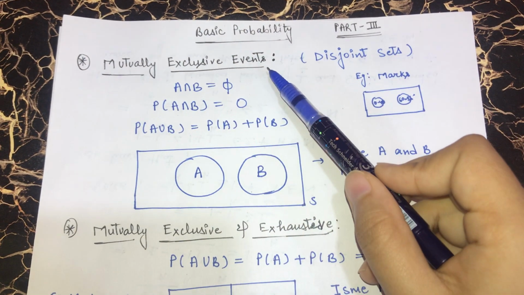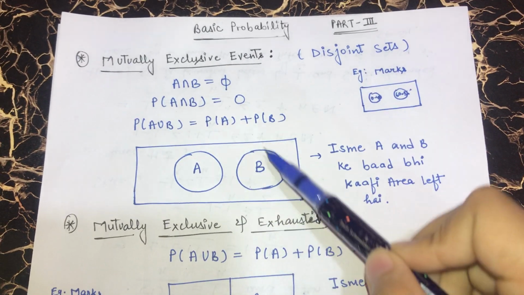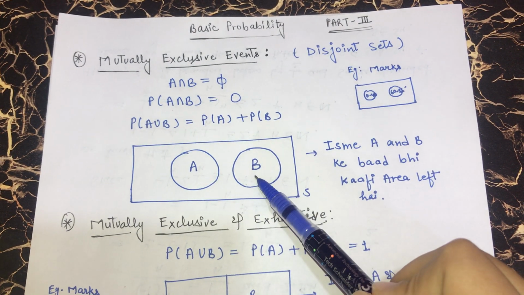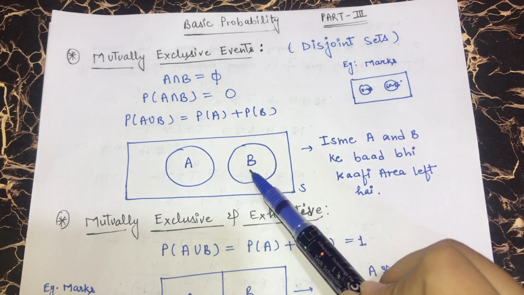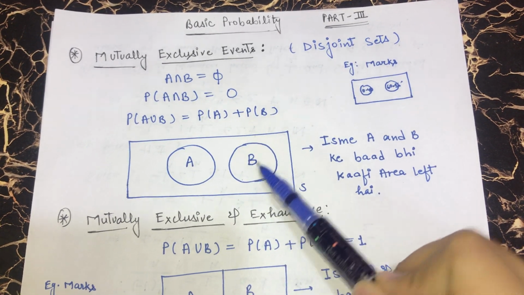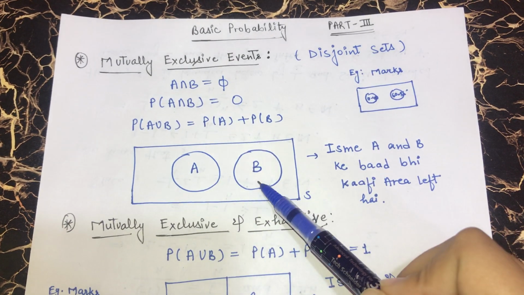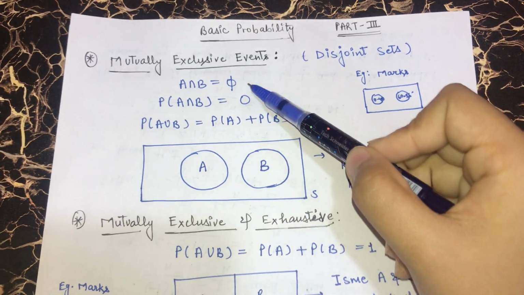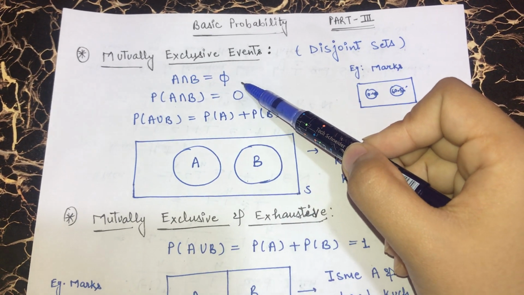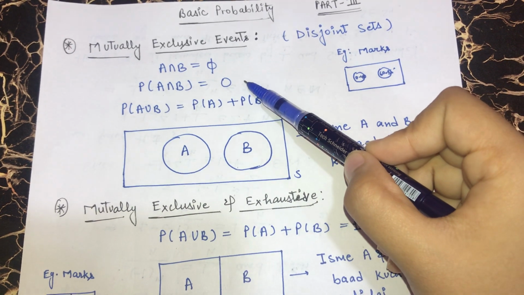Okay, and talking here of mutually exclusive events, so there will be two sets which have no relation with each other. Like they are all solely dependent, we can say this. Okay, so A and B clearly you can see have no links with each other, so their intersection is phi, like they have nothing in common, hence the probability of their intersection is 0.